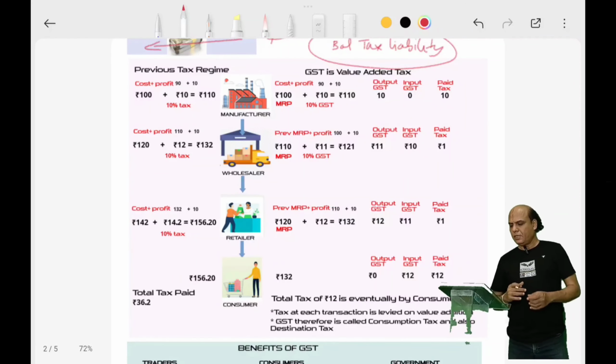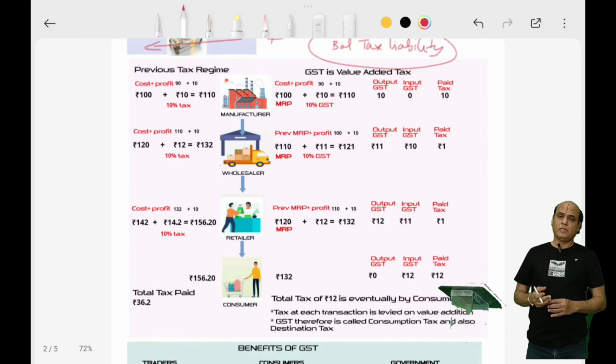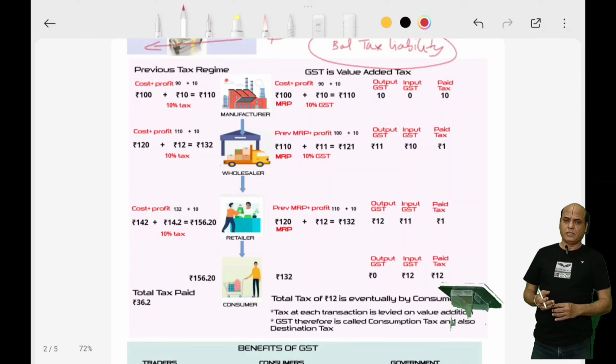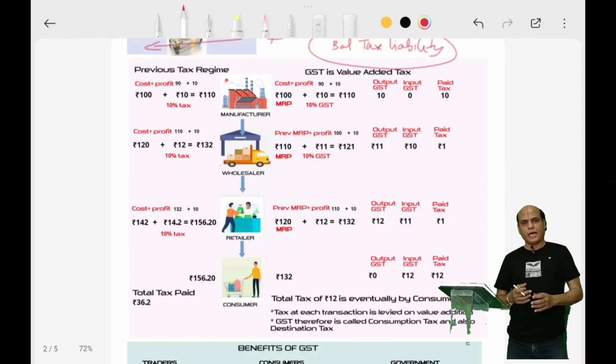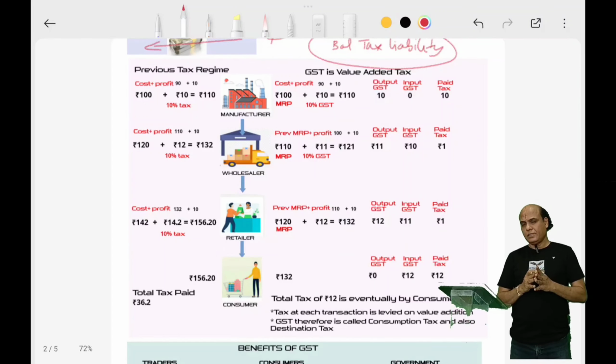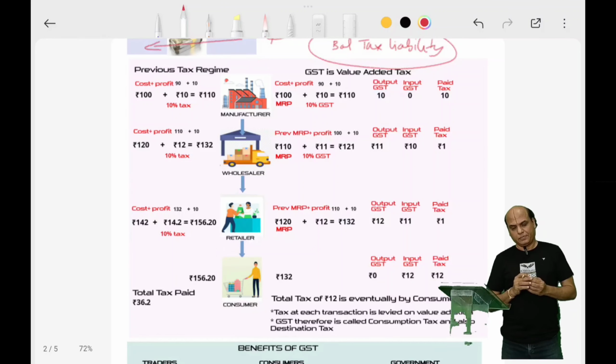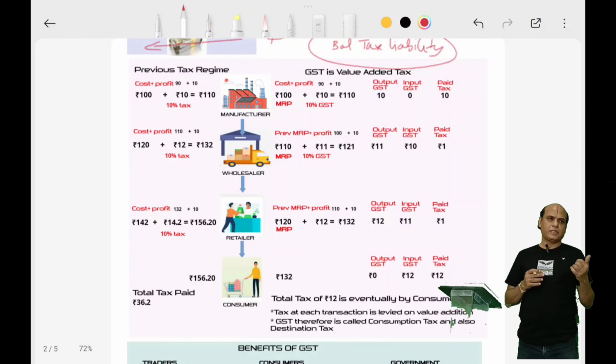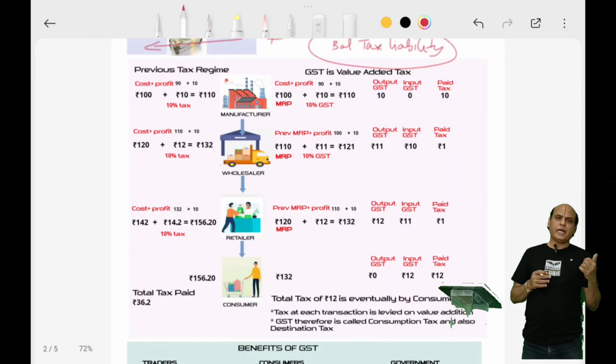Now here comes the important concept in goods and services tax. Goods and services tax is called value added tax. What does this mean? This means in the goods and services tax regime, you are paying tax only on the value addition.